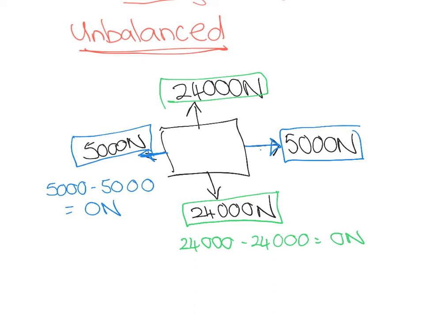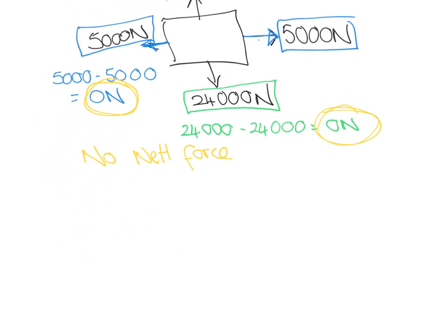So here we've got 0 newtons in our up-down direction, 0 newtons in our forward reverse direction. So there is a 0 or no net force. We can say that our forces are balanced and there's no change in motion.